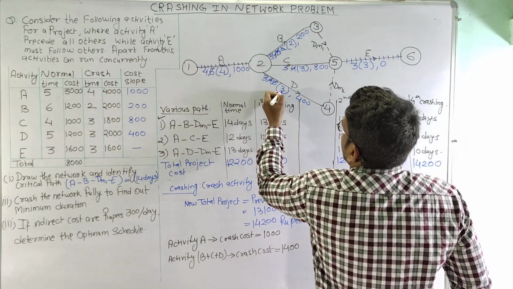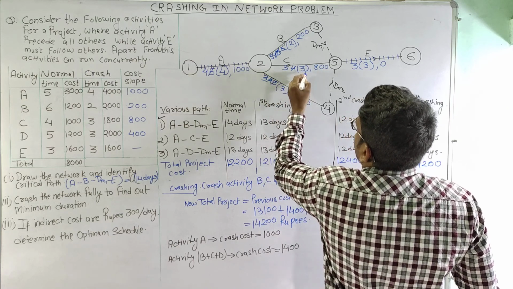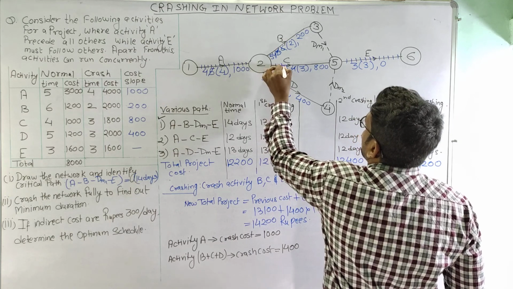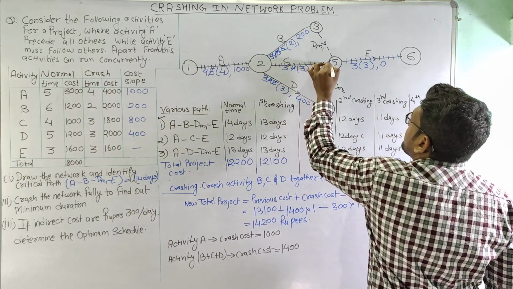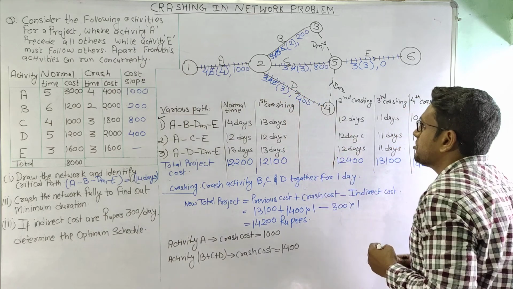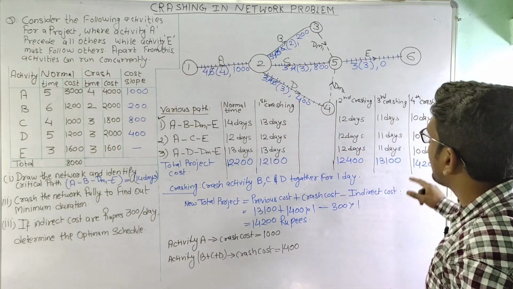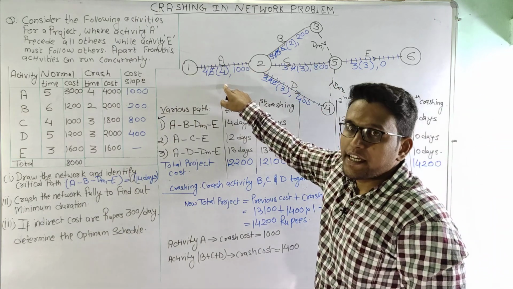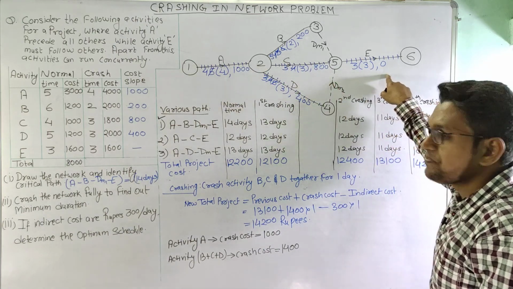Now as the normal time and crash time for C and D are the same, that means activities C and D cannot be crashed now. So once these activities cannot be crashed, the time for the critical path cannot be reduced further.